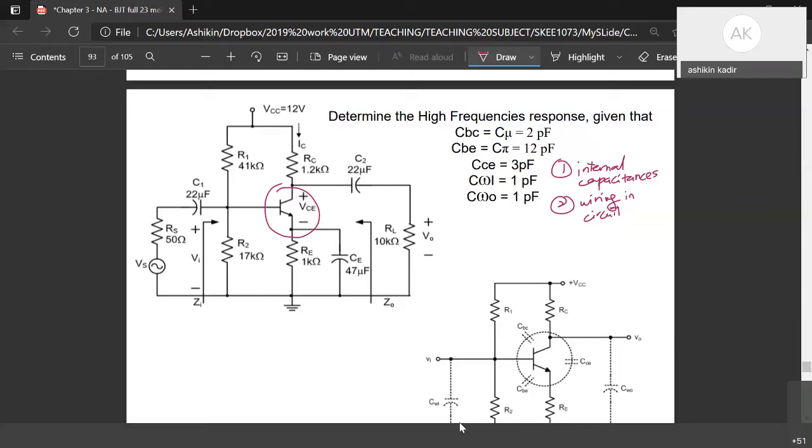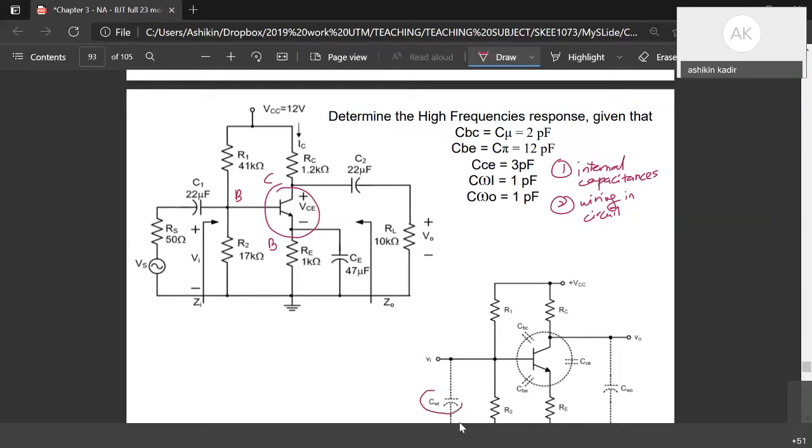So at the input, here our input is at the base, and the output is at the collector. Therefore, at the base terminal, we draw the capacitance caused by the wiring at the input. So we draw it as CWI.